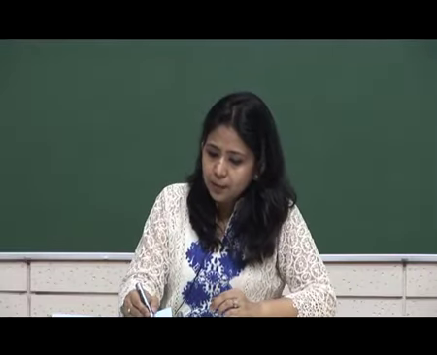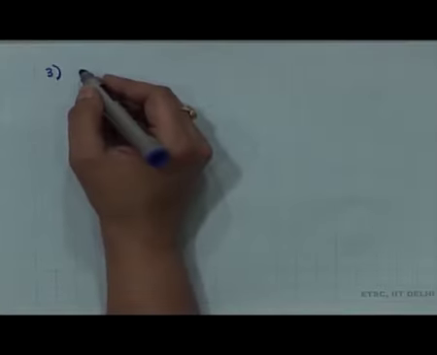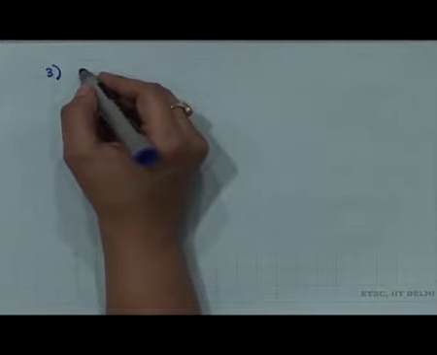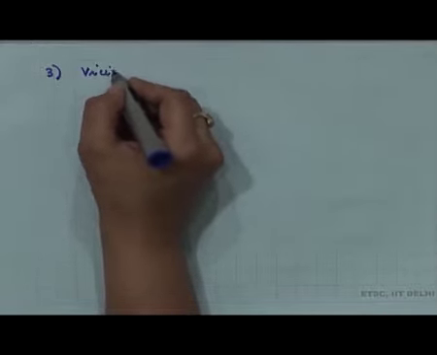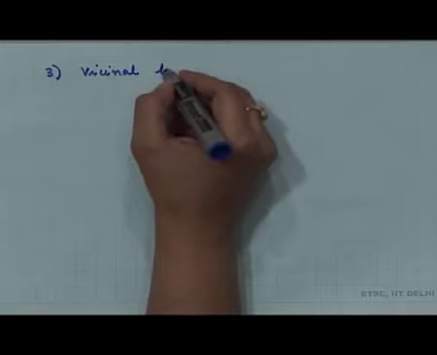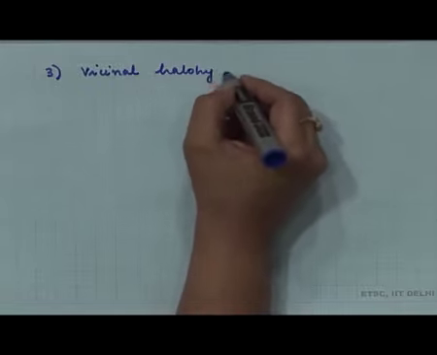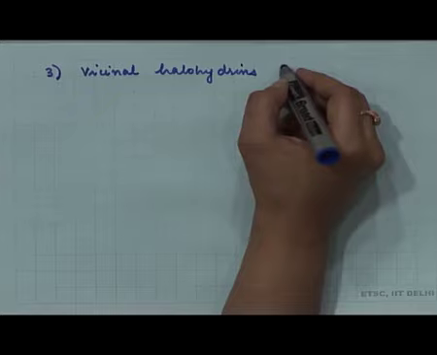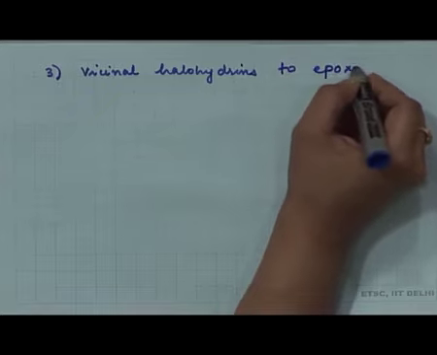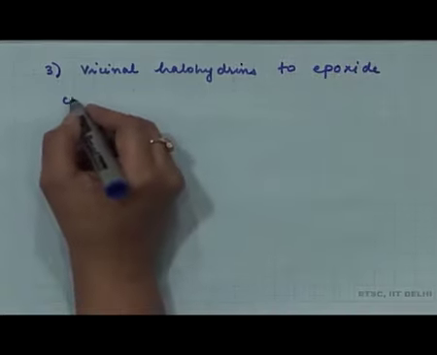Another method for making these cyclic ethers is from vicinal halohydrins, which change to epoxide.